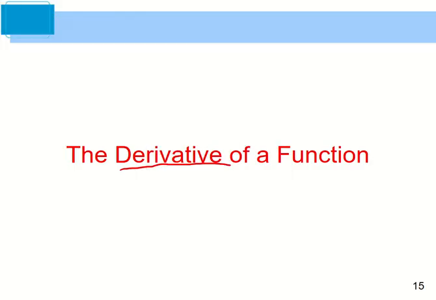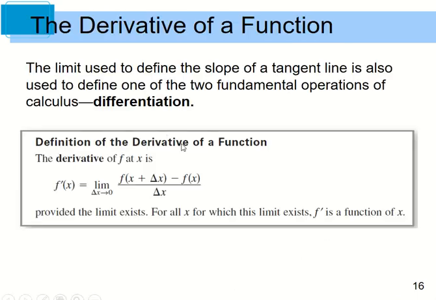Now let's come to the algebra part. For the algebra method, let's say we want to find the slope of a tangent line. The fundamental operation is called differentiation.